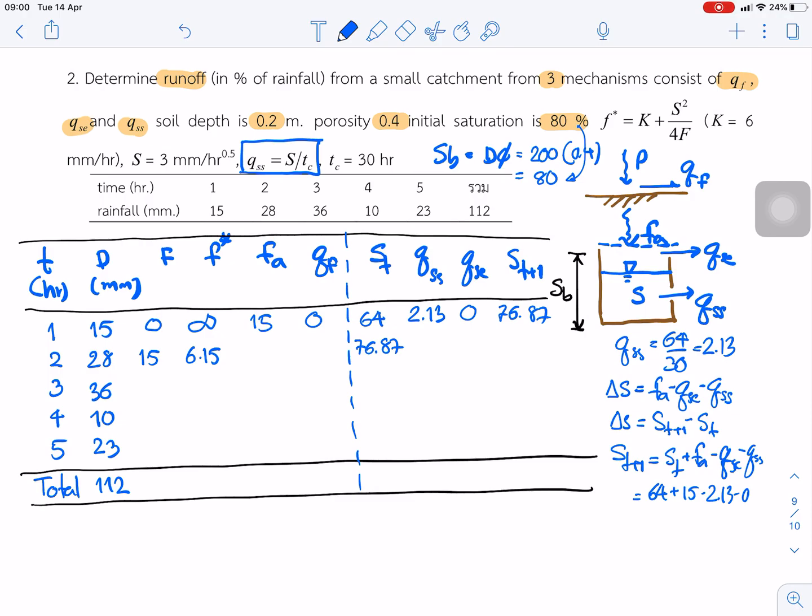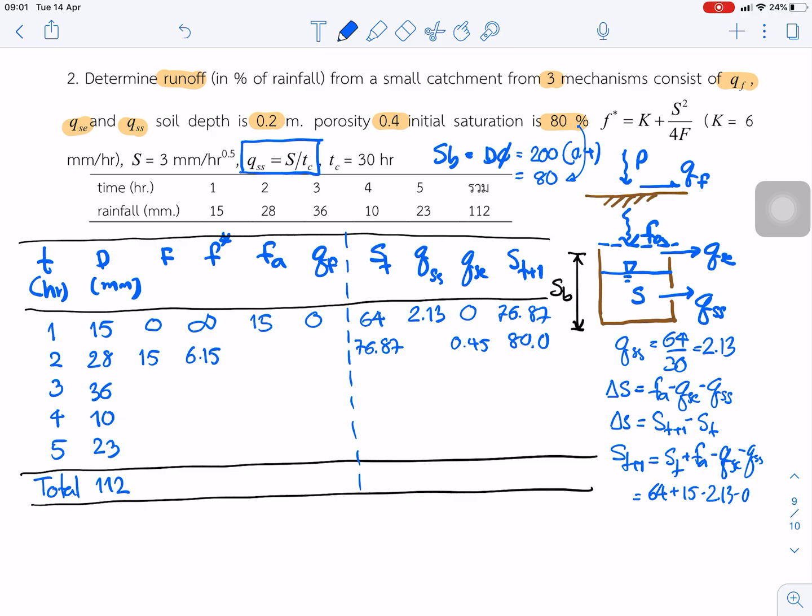If S(t+1) is, for example, above the storage capacity, it is not possible. You have to keep the maximum storage at 80, so you have to bring the excess down.